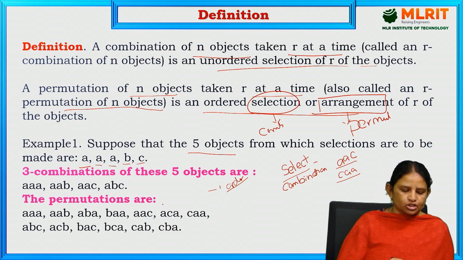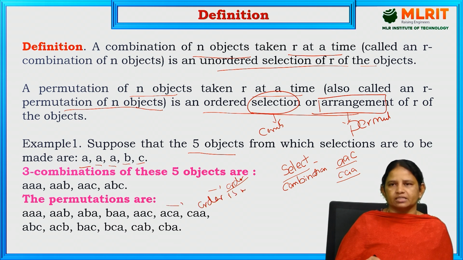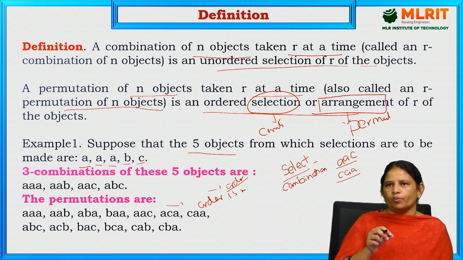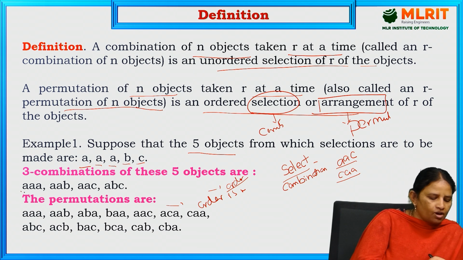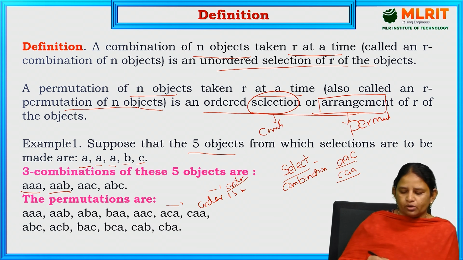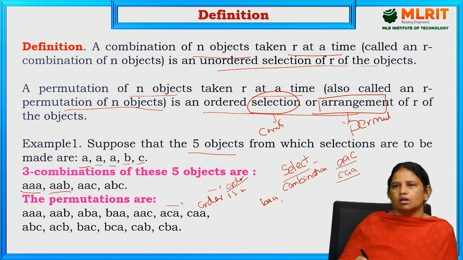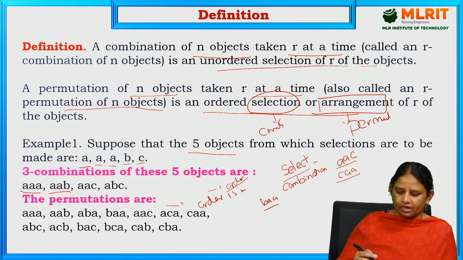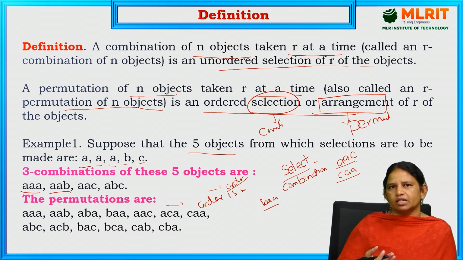But in the case of permutation, order is a matter. From these events, you have to form the combinations. One is AAA, then AAB, but don't write BAA, because it contains the same letters. If it is AAB or BAA, how many times is A used? 2 times.